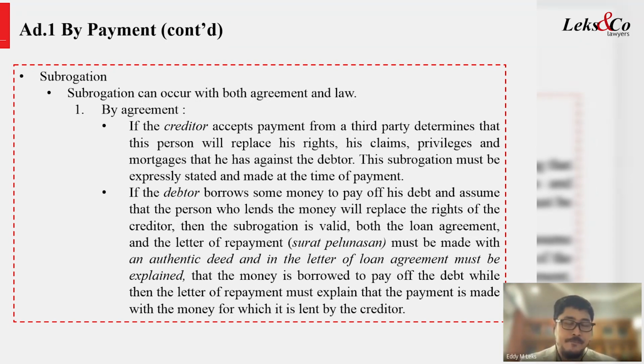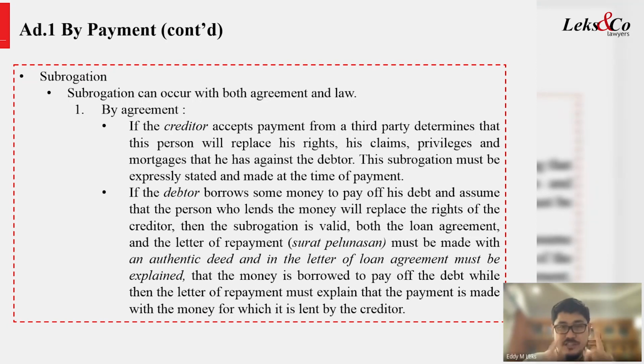So the bank will make the developer promise that if the customer breaches their obligations to repay the loan, then the bank will subrogate all the debts by the customers to the developers. So this is the change of creditors.